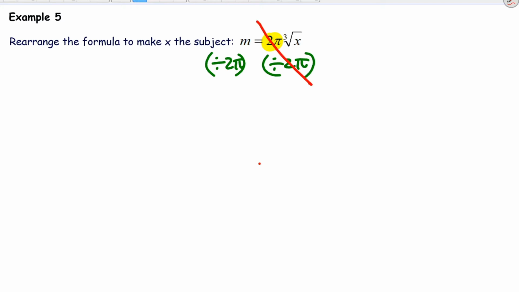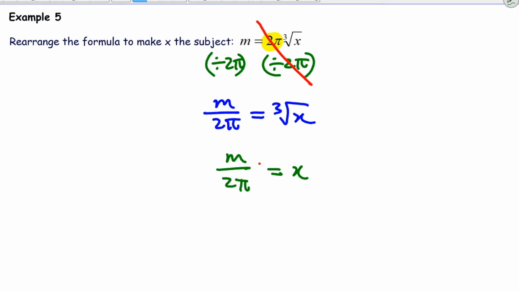So what we end up with is m over 2 pi is equal to the cube root of x. And then the opposite of cube root is cubing. So x will be equal to m over 2 pi to the power 3.